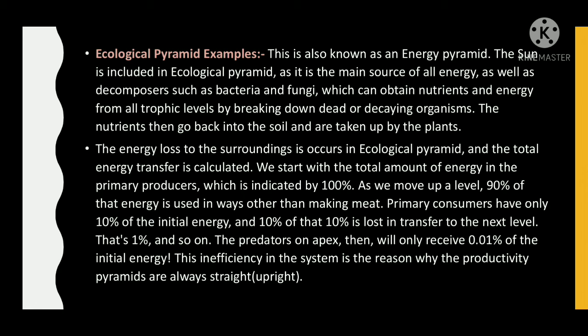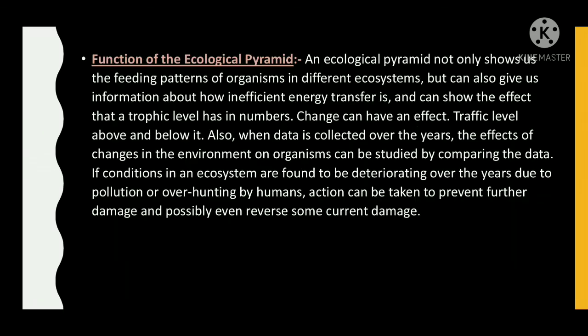The predators at the apex will then only receive 0.01% of the initial energy. This inefficiency in the ecosystem is the reason why the productivity pyramids are always upright.